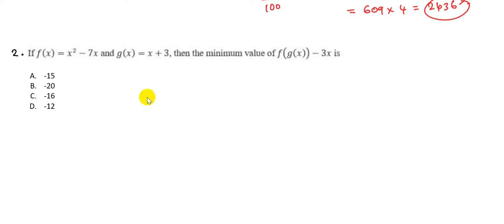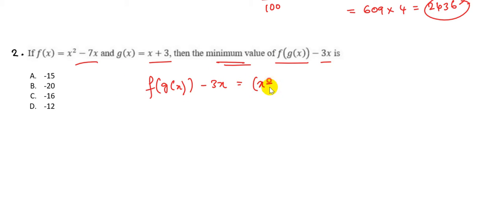The next question says, if f(x) equals x square minus 7x and g(x) is x plus 3, then the minimum value of f of g of x minus 3x. Now f of g of x minus 3x will be x plus 3 whole square minus 7 into x plus 3 minus 3x.